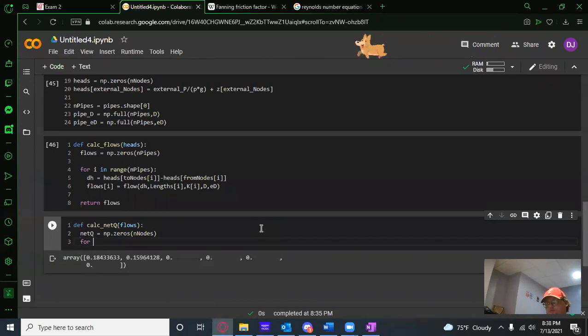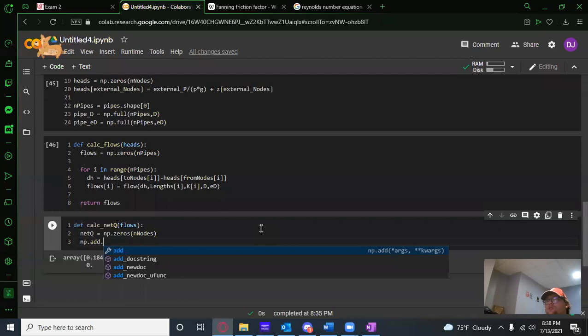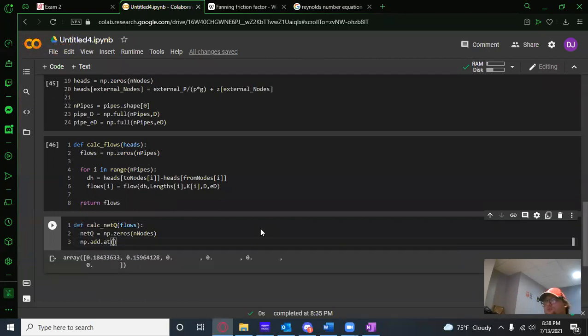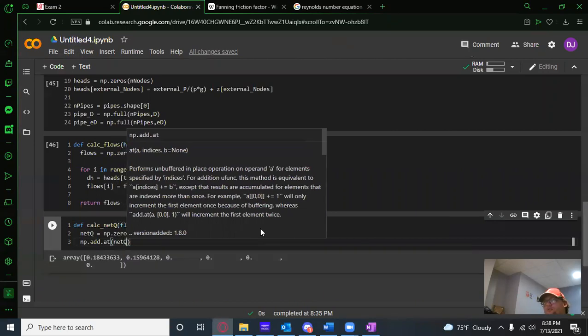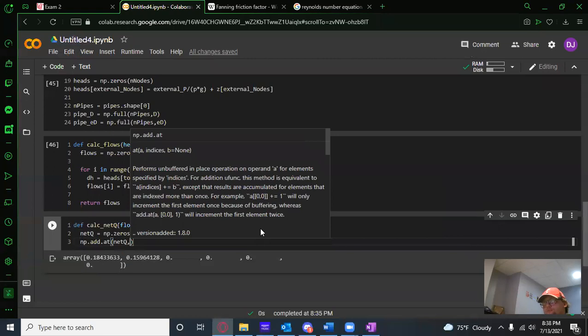And then for I in, well, actually, we're going to be using a good old function, np.add.at, net Q. This is the array we're going to add to.